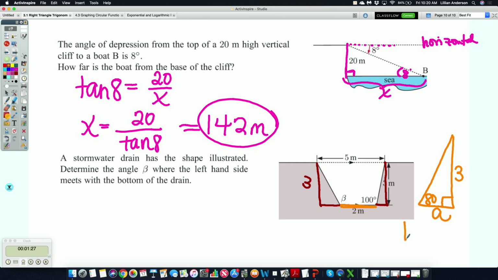So that's going to be tangent 80 equals 3 over A. What is that? 0.53. It stops right there. Well, no. 0.5289.